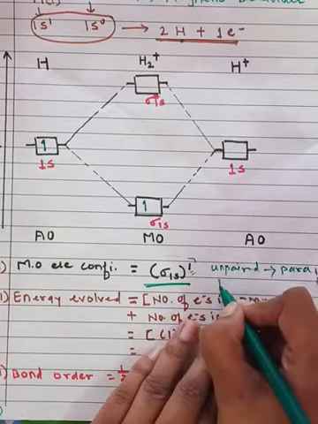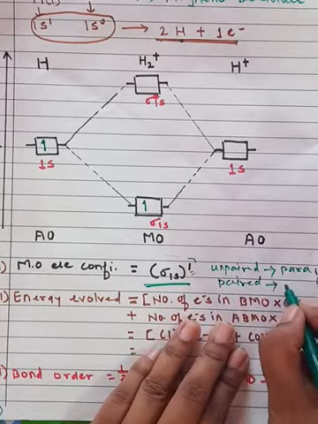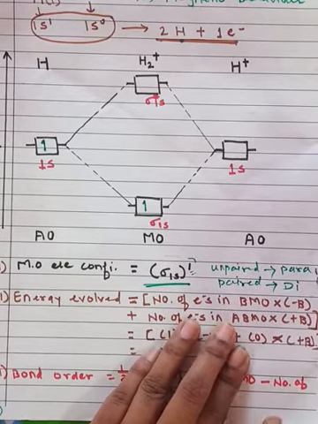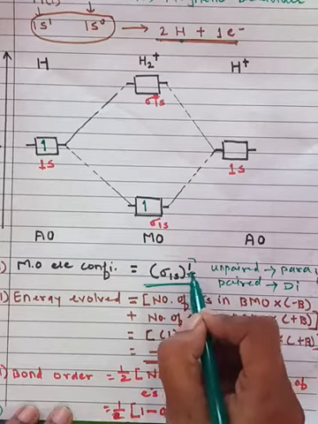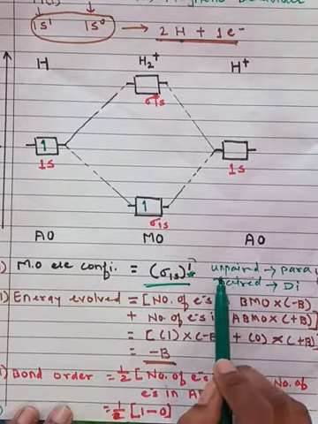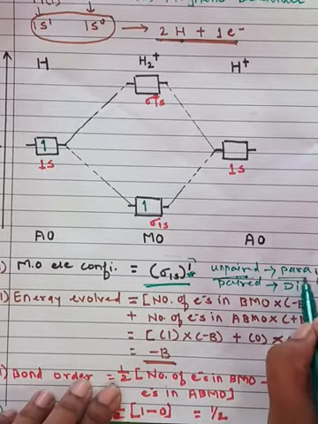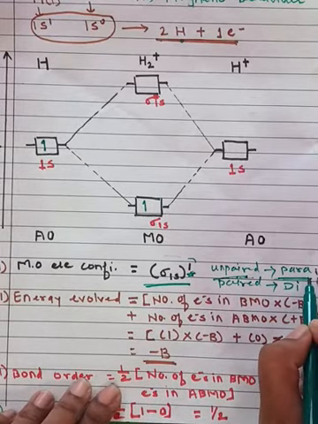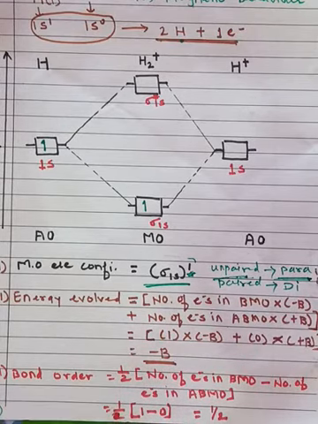And when the last entering electron is paired, then it shows the magnetic behavior called diamagnetism. Now in this case there is a single electron, which means it is unpaired, and hence the H2 plus ion is paramagnetic in nature. Since the H2 plus ion has one unpaired electron, it is paramagnetic. So this is regarding the H2 plus ion.